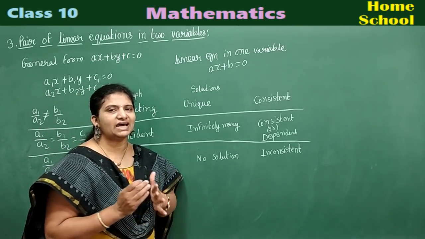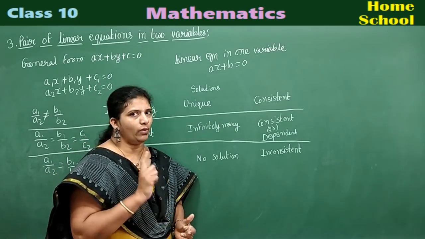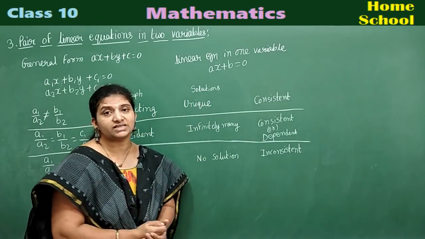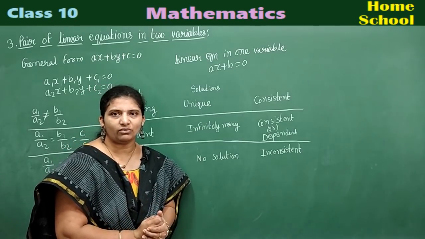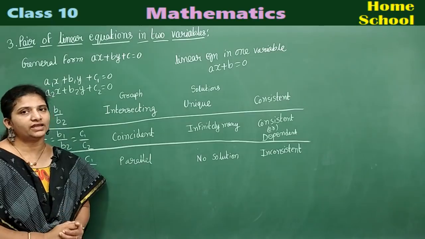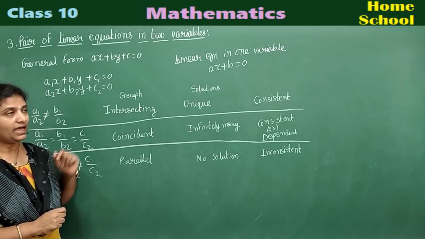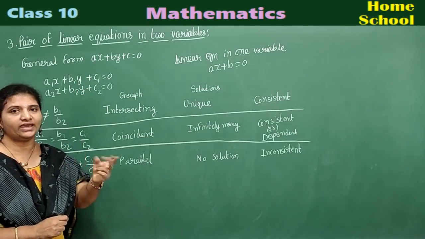Sometimes you may get asked, what is the standard form of linear equation for one variable? Ax plus B equal to 0, where A cannot be equal to 0. Next, coming to standard form of pair of linear equations in two variables. The two variables will be the same and I need to write in the form of two equations.